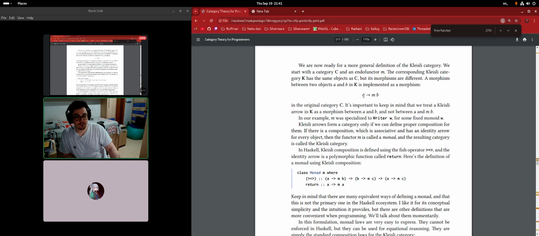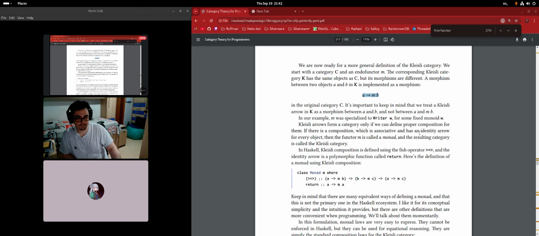The first thing that we need to be clear about: although we are writing things as these types of things, we actually treat a Kleisli arrow in the category K as a morphism between A and B, and M is just an extra. The notation is telling you something, but we are not treating it as if there is something in there. Yeah, you can't look inside of it actually.